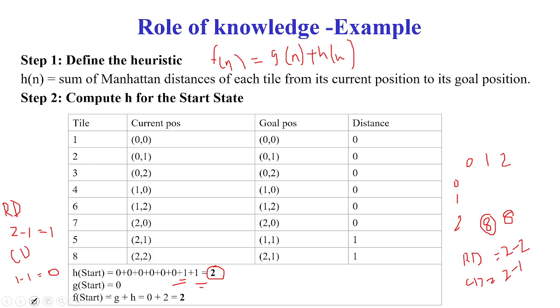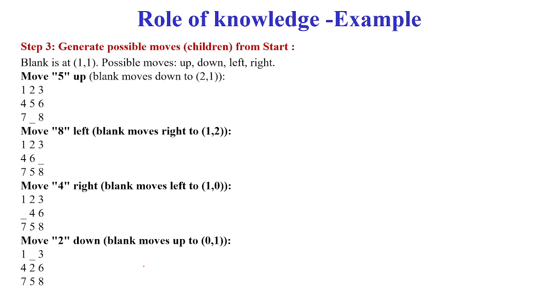That's what we're going to start with as 0 here. Therefore, the evaluation function is 2, the total cost of the best solution through this node. So with this we begin. This is how it is calculated with the misplaced tiles.